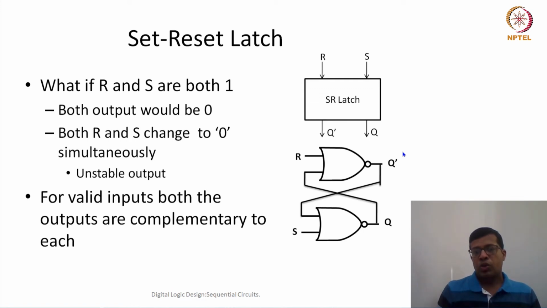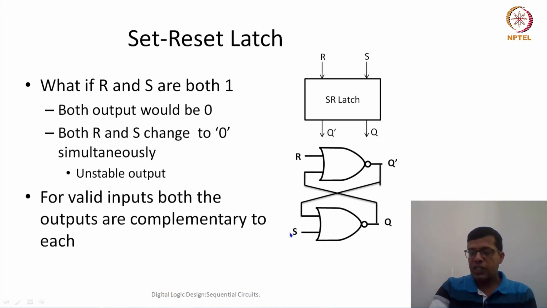The other challenge is that when both R and S were 1, and suddenly both of them become 0 at the same time, simultaneously. Previously they were both 1, so Q and Q dash both were 0.